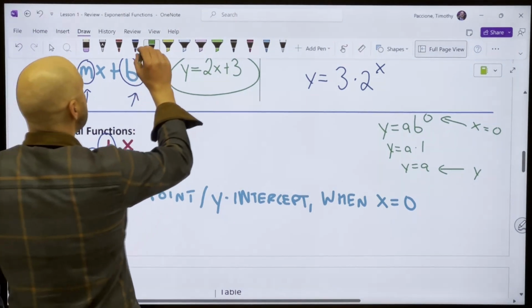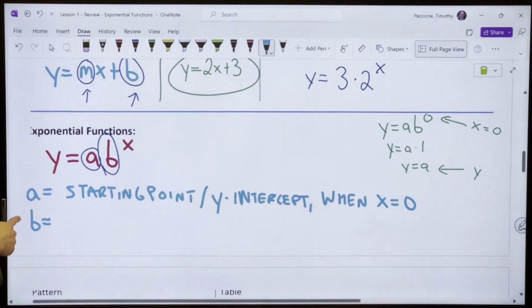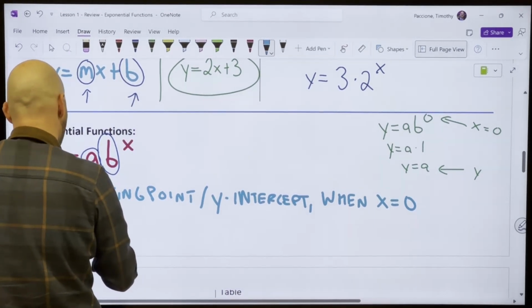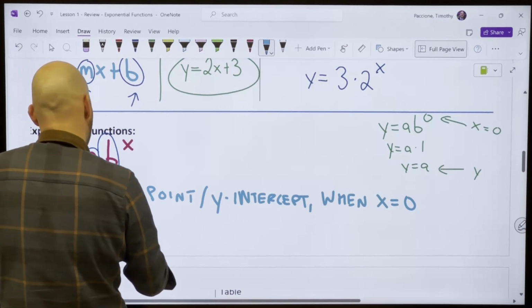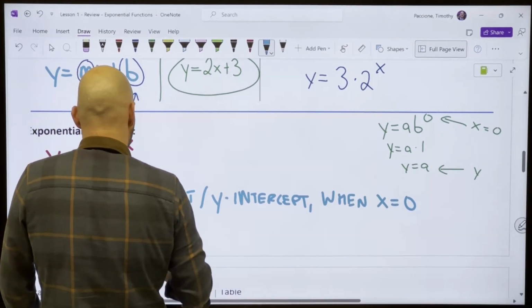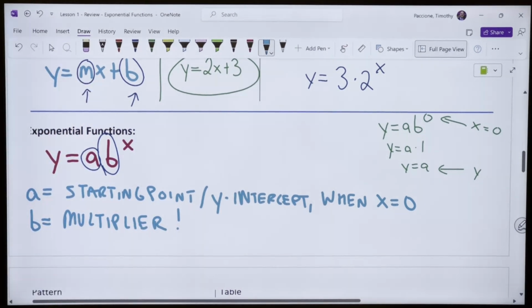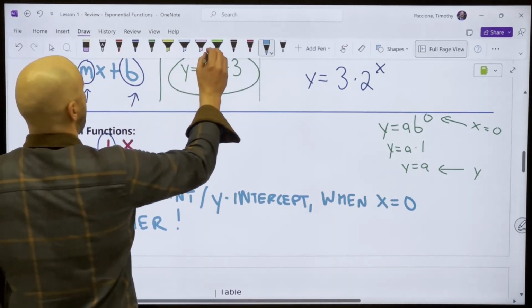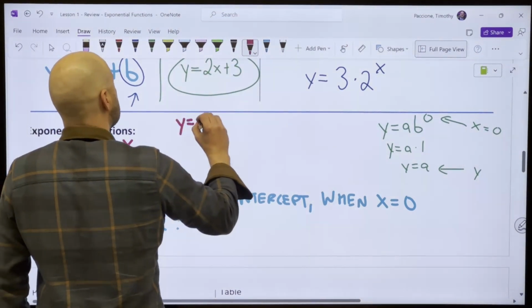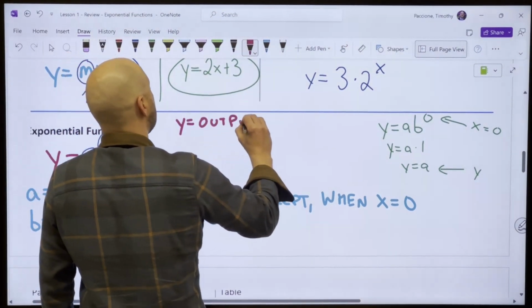Okay, so if that's our a, then our b is the pattern, but in this case, the pattern is done by multiplying. So it's our multiplier. It's what we multiply by every time. And our y is, of course, our output, our final amount.